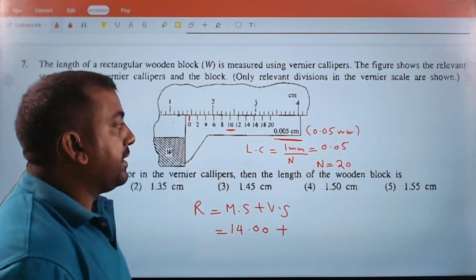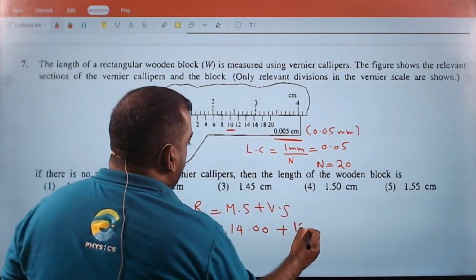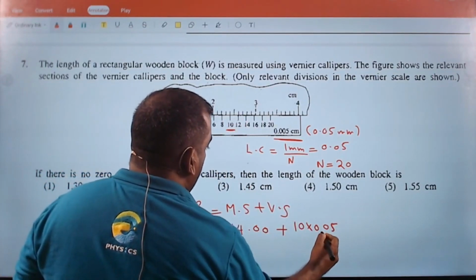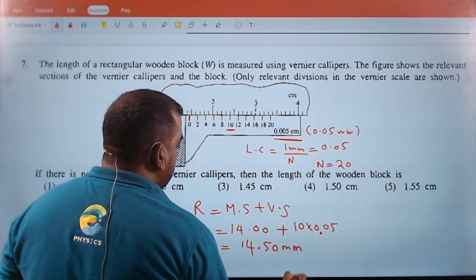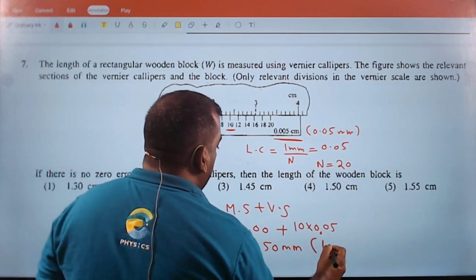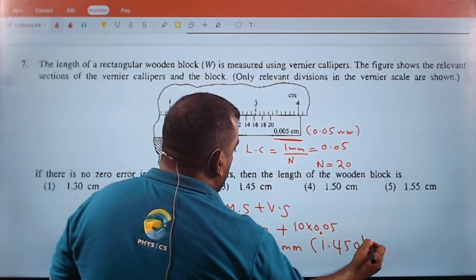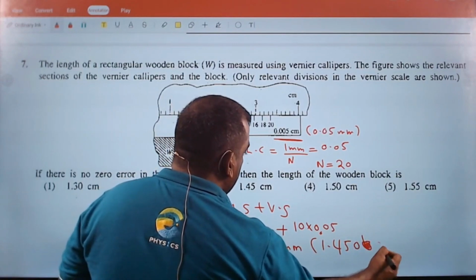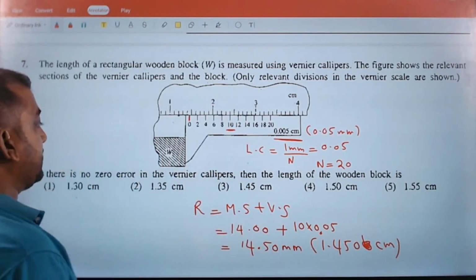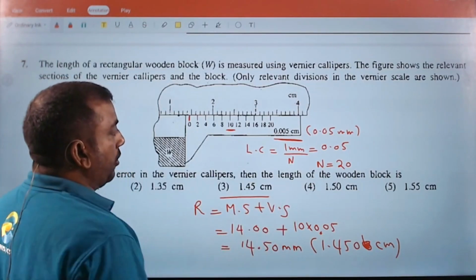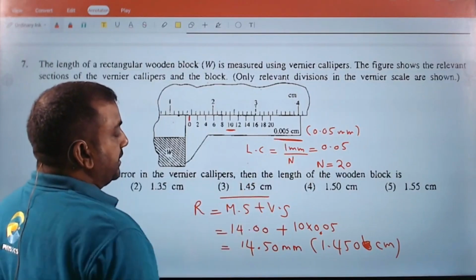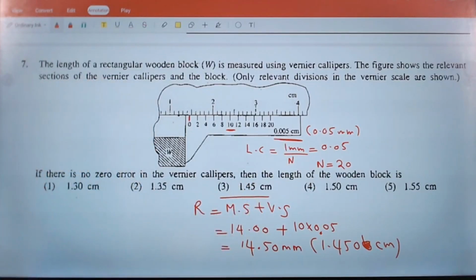Anyway, 20 divisions should be there, so directly we can take 10 times 0.05, so 14.50 millimeters. In centimeters, 1.450 centimeters. Actually, all the answers here are wrong. You must keep three decimal places, but there is no other option. 1.45.